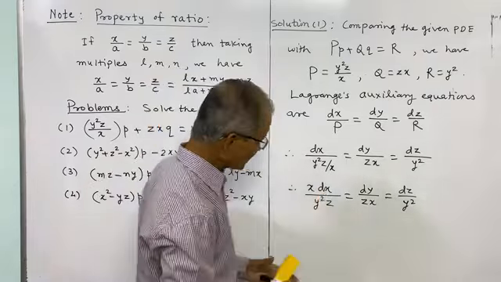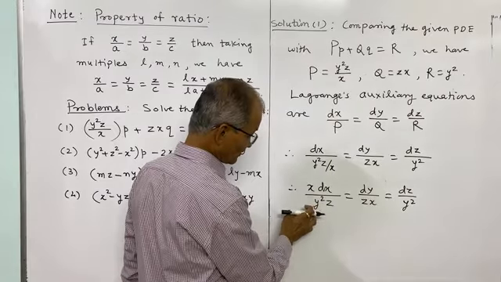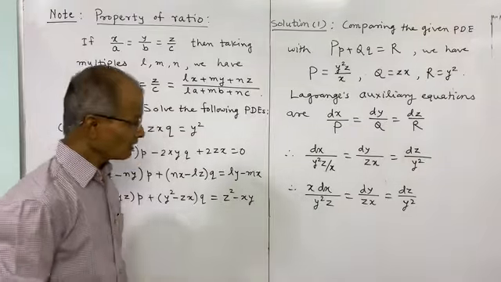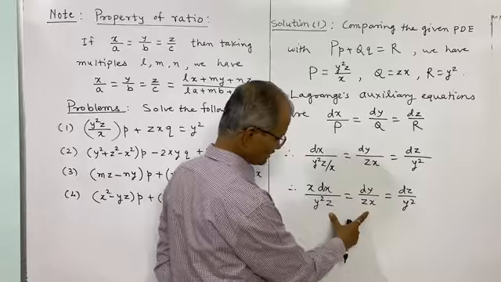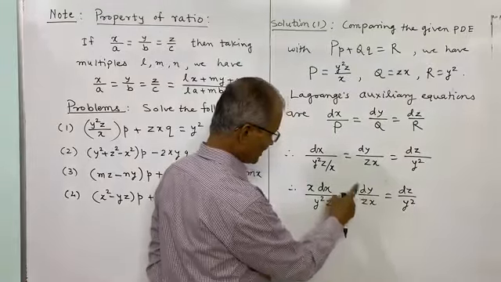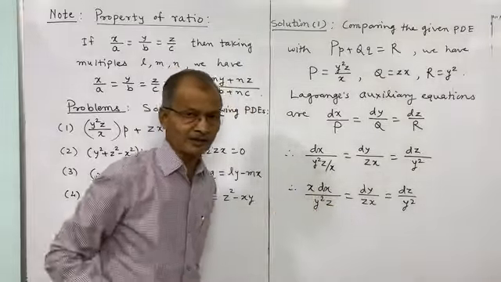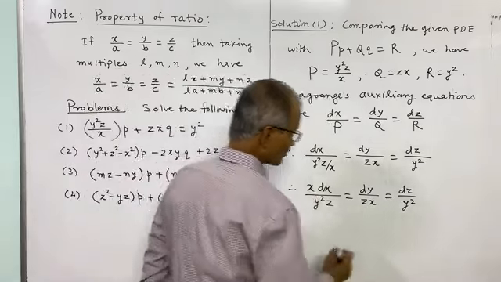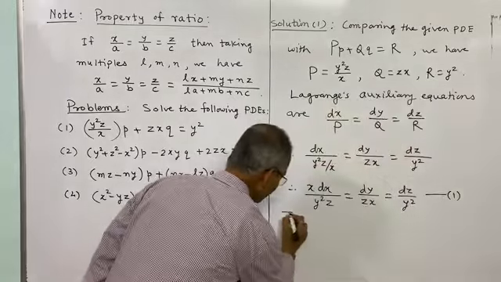The first is in terms of x, y square and z, the second is dy divided by z into x. If we take these first two ratios, then z can be cancelled, and the remaining ratio is in terms of x and y. We can separate the variables and integrate. So it is useful to take the first two fractions.